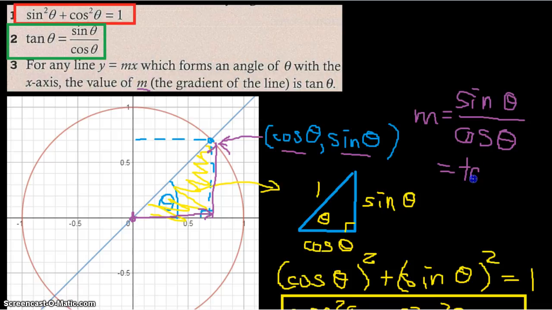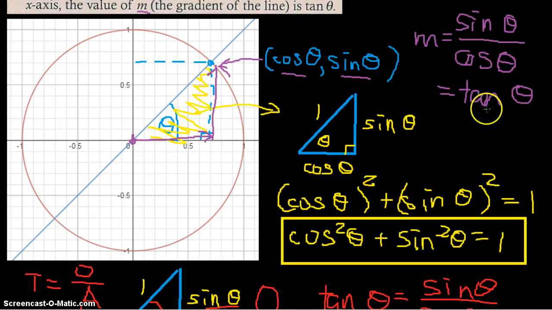So what we're saying is that when I take the tangent of the angle that the line makes with the positive x-axis, where the line passes through the origin and intersects the unit circle, that gives me the slope of the line. And that's it.